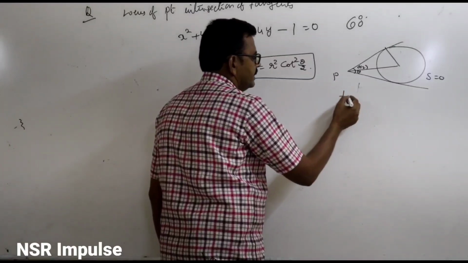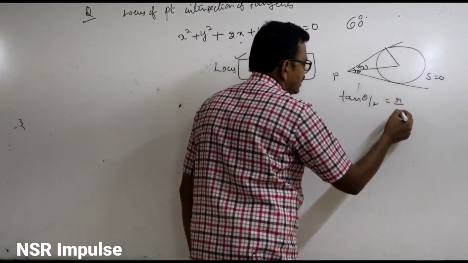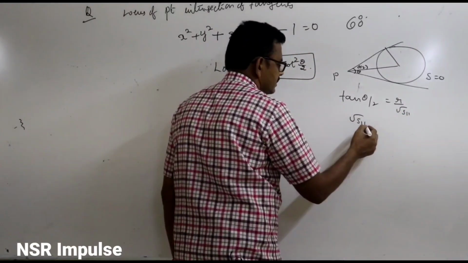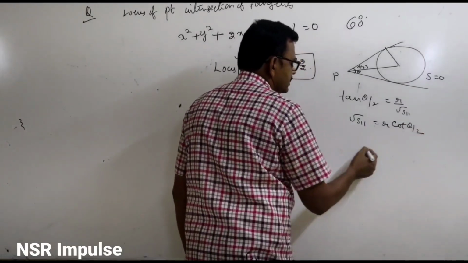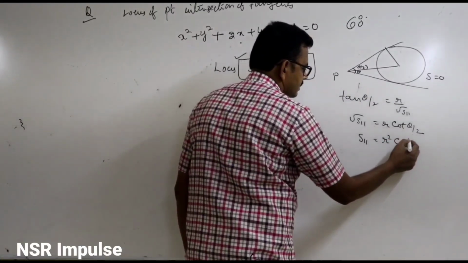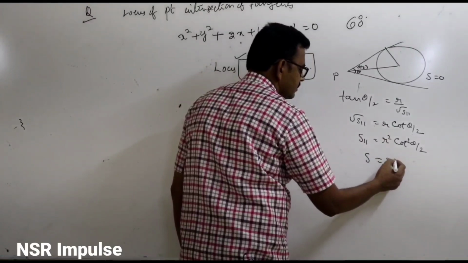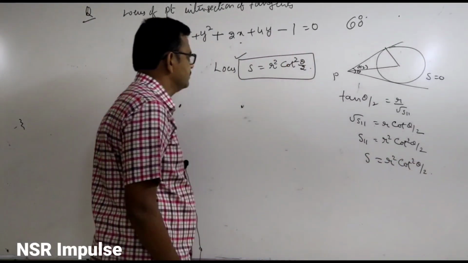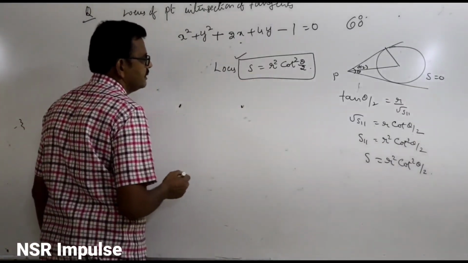From this triangle, tan theta by 2 equals r by root S11. Therefore, root S11 is equal to r into cot theta by 2. Squaring on both sides, S11 equal to r square cot square theta by 2. Therefore, the locus is S11 equal to r square cot square theta by 2.